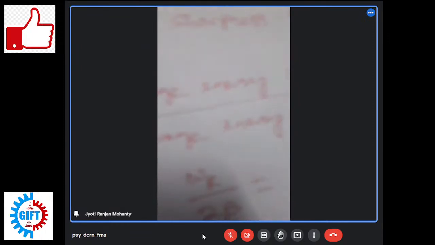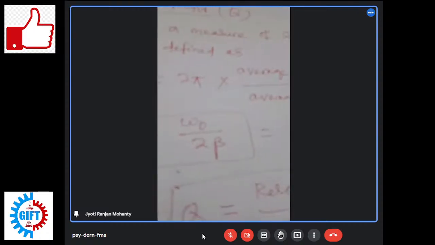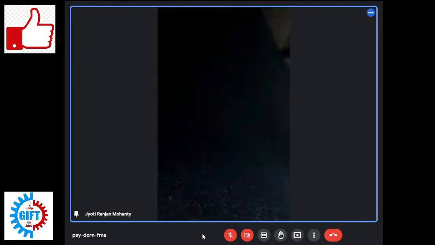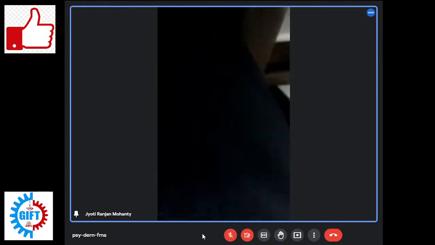Write one problem. In a forced oscillator, resonance frequency is 500 hertz, and the damping coefficient is 2 second inverse.